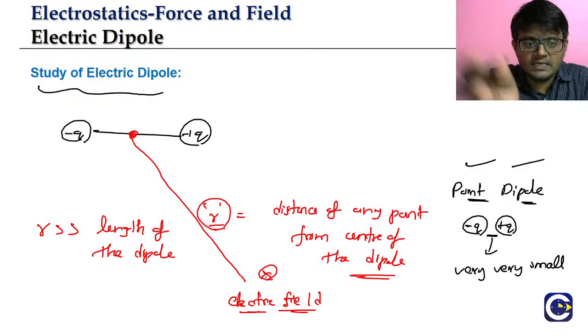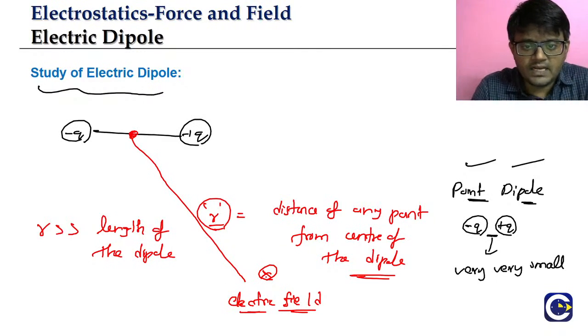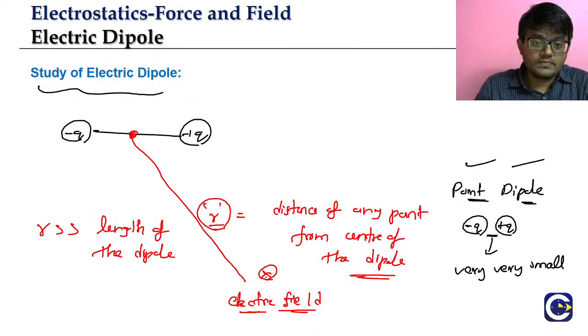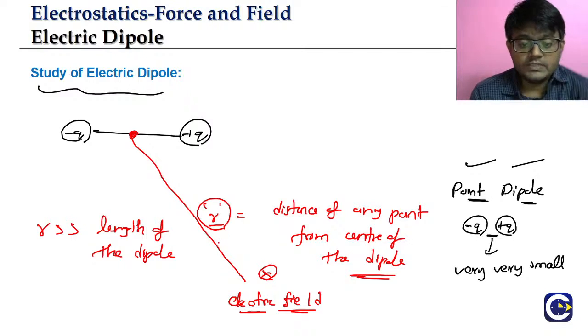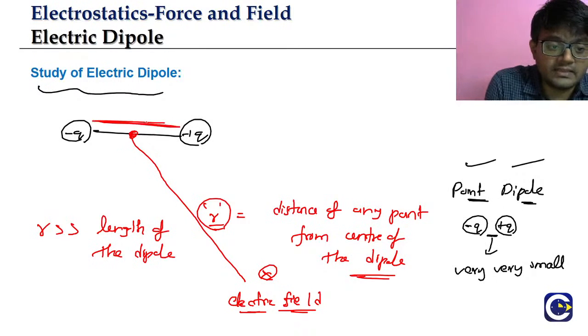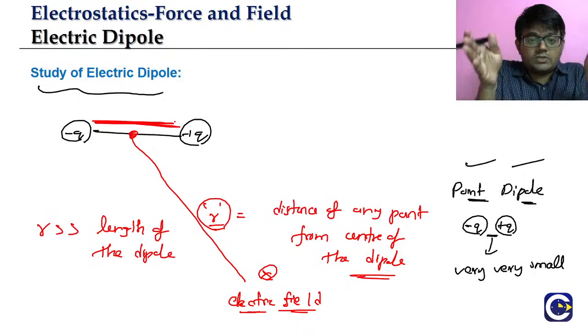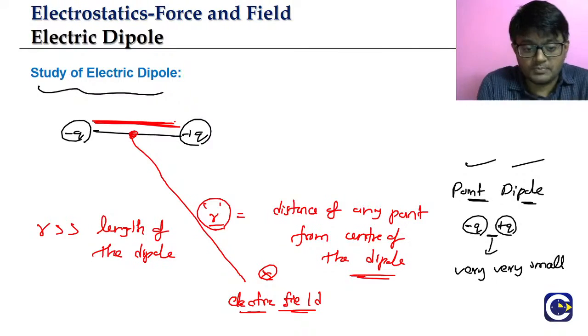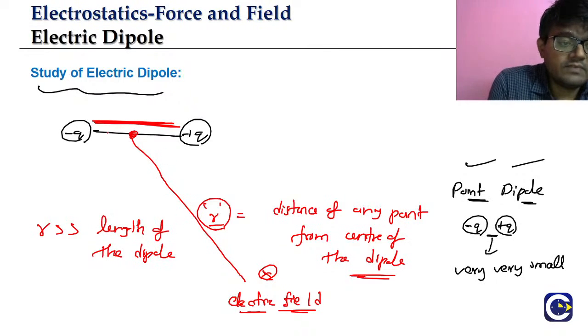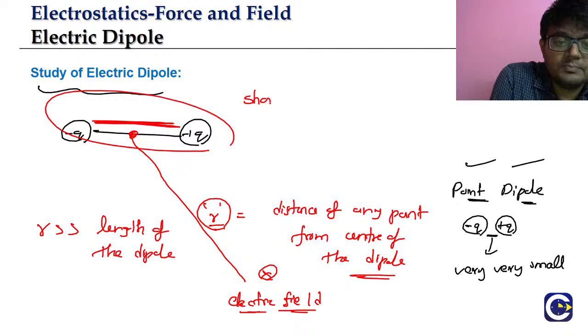That is why we mark the points from the center of the dipole. Now in these calculations, if the R value, the distance of the points we are considering, is much larger than the length of the dipole, which is the actual distance between the positive and negative charge of the dipole, then we consider this dipole a short dipole.